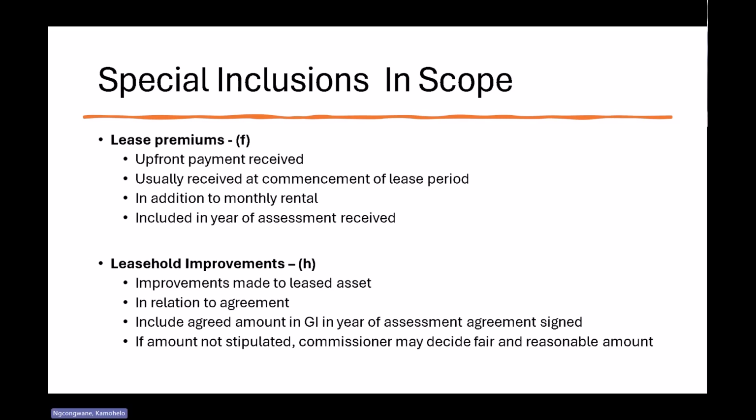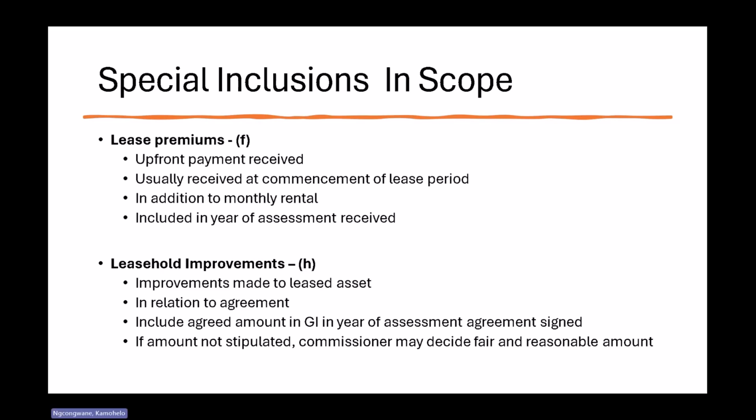In that lease agreement, there will be an upfront payment that you have to make. In some leases, it's the first month's rent. You pay the first month's rent as a deposit, and then you'll start paying your rental every single month from then on going forward. Now, if I say to you, I'm signing a lease today, and when I sign my lease today, I'm going to pay this first month's deposit upfront.